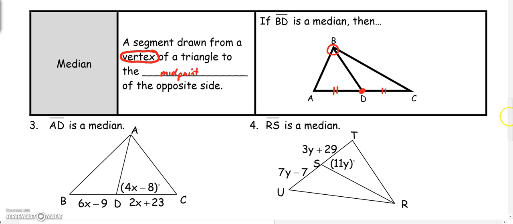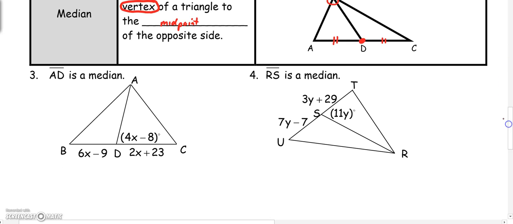So let's use this idea to solve for a variable. So in number 3, AD is a median, so D is my midpoint, which bisects the side BC. The two important expressions that I want to look at are the 6x minus 9 and the 2x plus 23, because those represent segments.